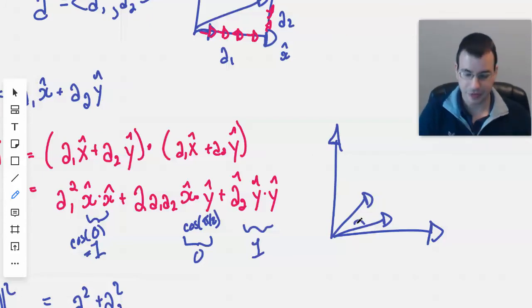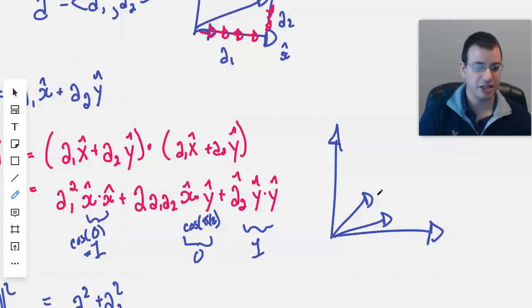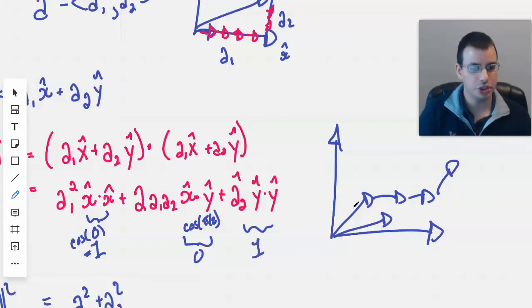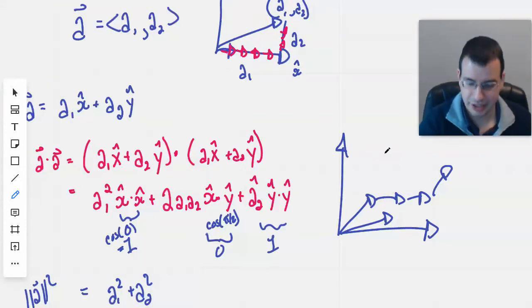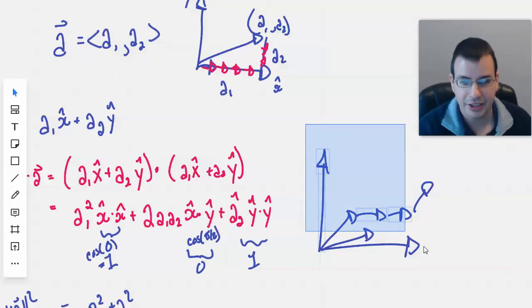And so if you have two vectors, just anything like this, you can then get to any point you want just with a linear combination, a combination of many of each.